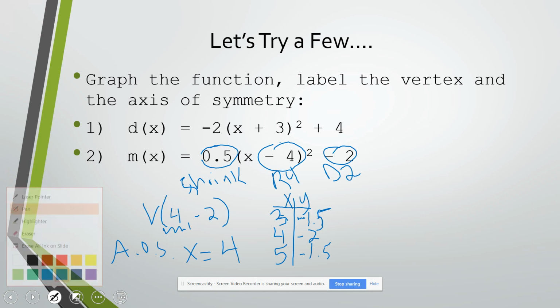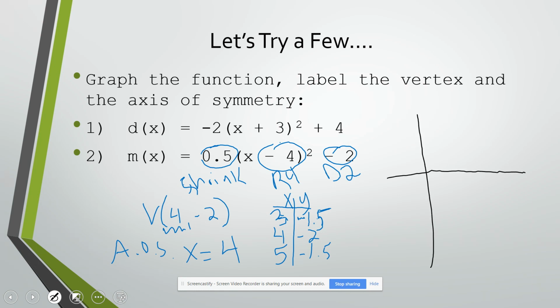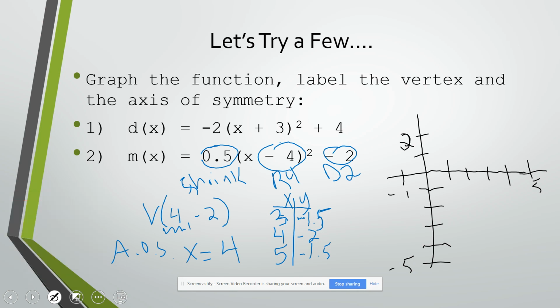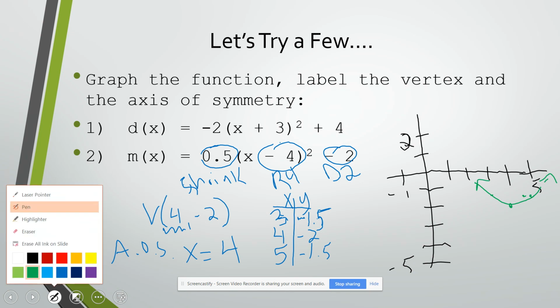So sketching my graph, I'm going to put my vertex at 4, -2, plot those 2 other points, and there's my parabola.